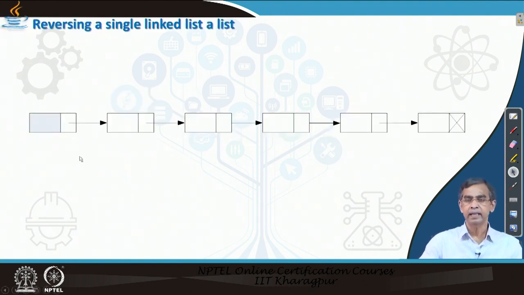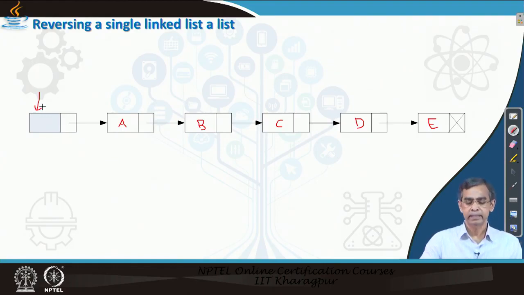Suppose this is the linked list and it contains a few data: this node contains A, this node contains B, C, D and E. Suppose this is the list that is given to you and this is the header.